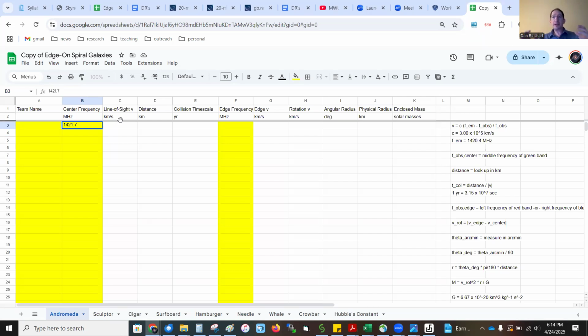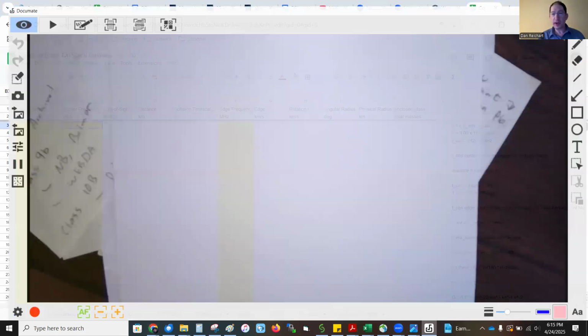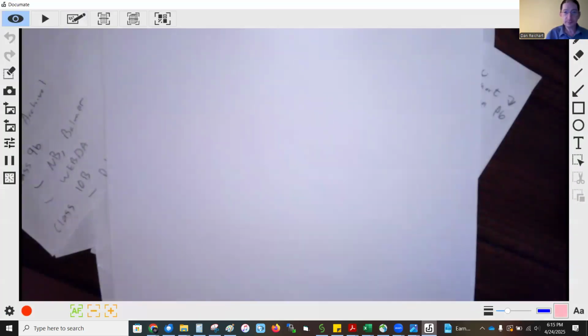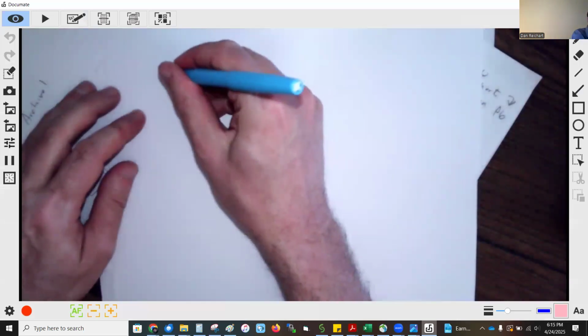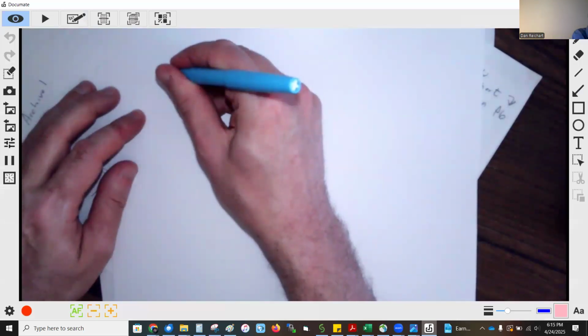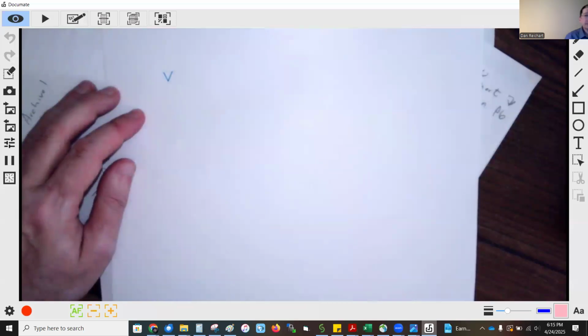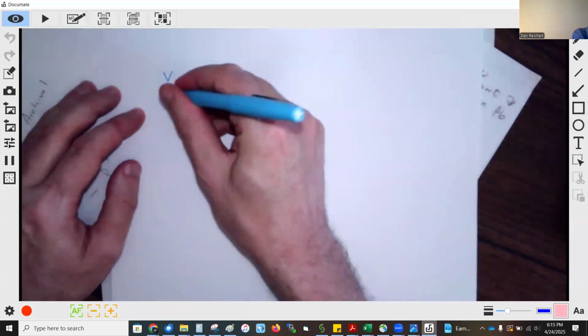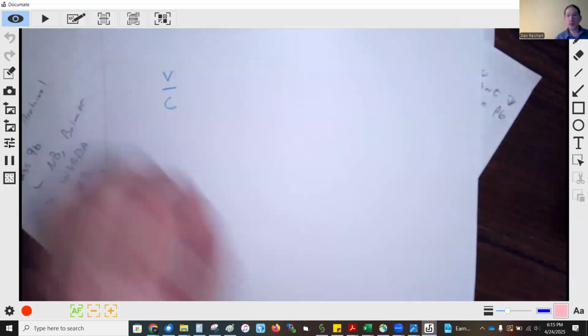So the first thing we're going to calculate is the overall, forget the rotation, just the overall motion of the galaxy towards us or away from us. And for that, we use the Doppler equation. Here it is. But let me put it up on the dot cam as well. So the velocity divided by the wave speed.